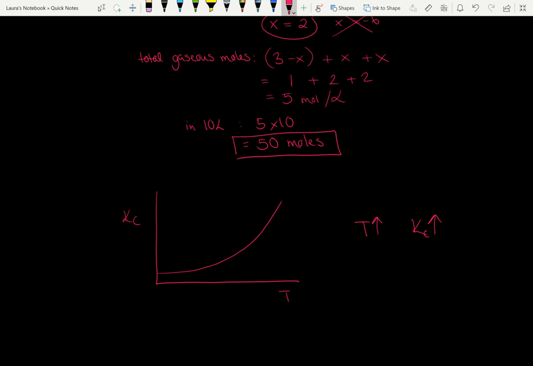And if we think back to what Kc really is, it's our products over our reactants. So if Kc is increasing, that means that the number of moles of my products is also increasing.